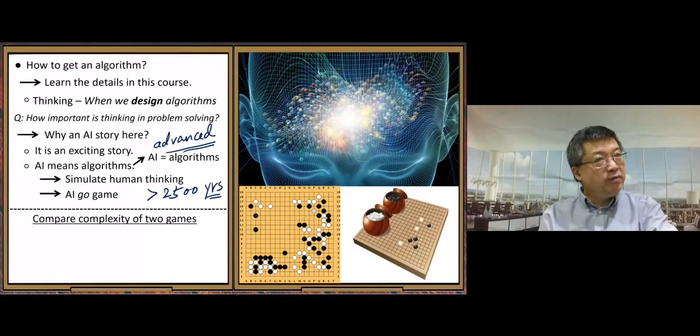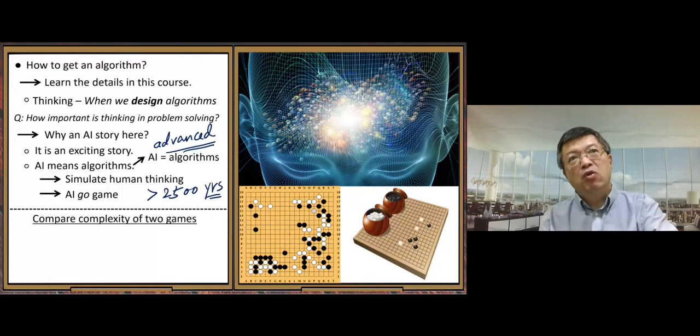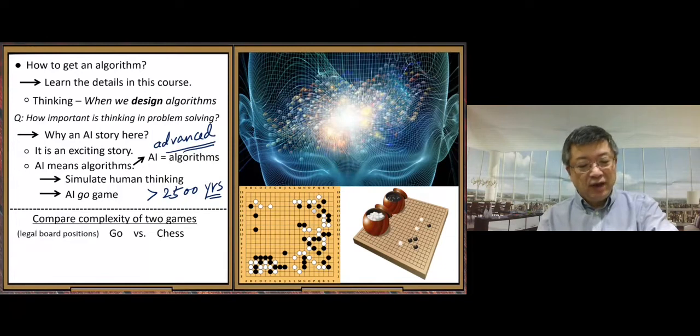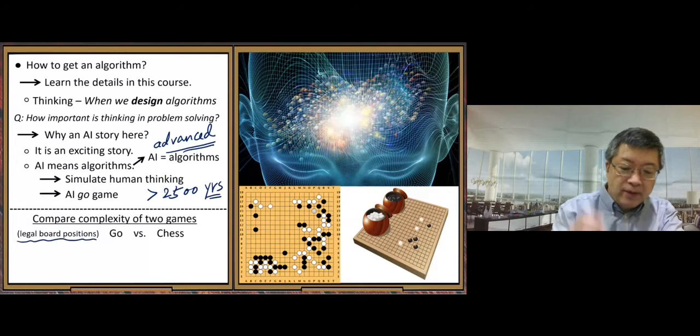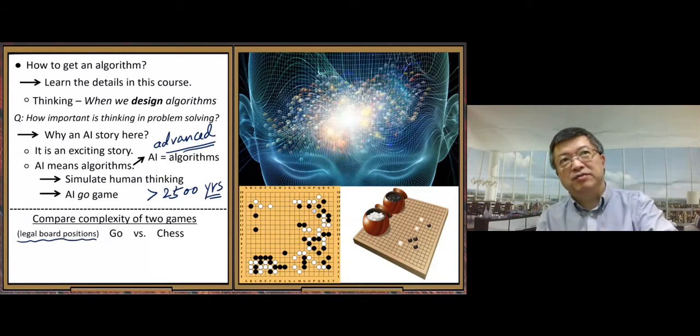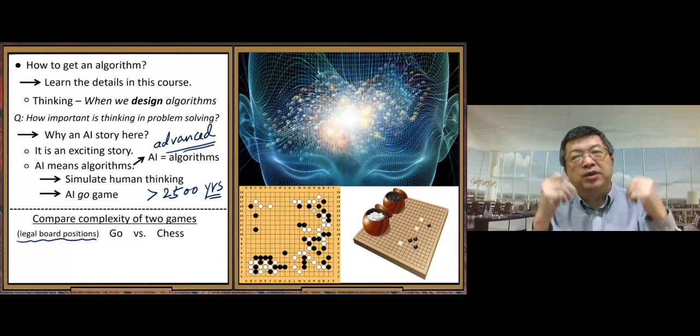So what do we mean by more complicated? Here we need to use some simple criteria to compare. All right, Go versus chess. What criteria do we use? Legal board positions. We count how many legal board positions.